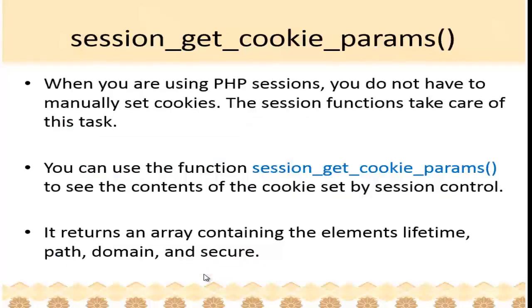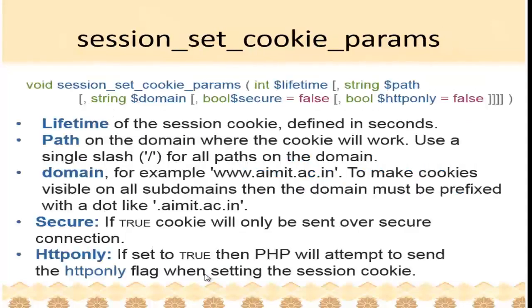So you can set the value of the cookie. You can set the lifetime, that is how long the cookie has to survive. If you set a positive value, that means the cookie will survive for so many seconds after the Unix timestamp. You can set the path where the cookie will be sent, and the domain to which it has to be sent.